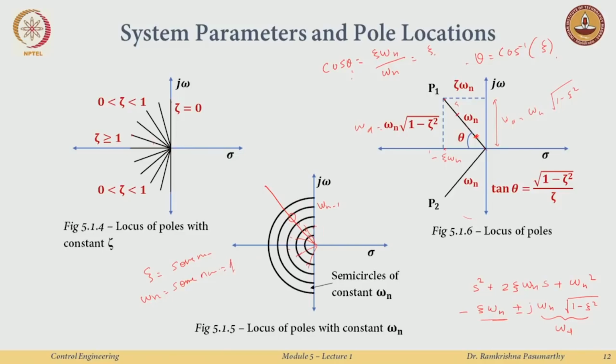This is my zeta, and this is my omega n equal to 1, and the point where they intersect is where I want my closed loop poles to lie. And from the previous example, I know that I could vary these closed loop poles just by varying the gain. Now I will investigate whether there is any gain which will do this. How do I test that? That is exactly what we will study in the root locus case.